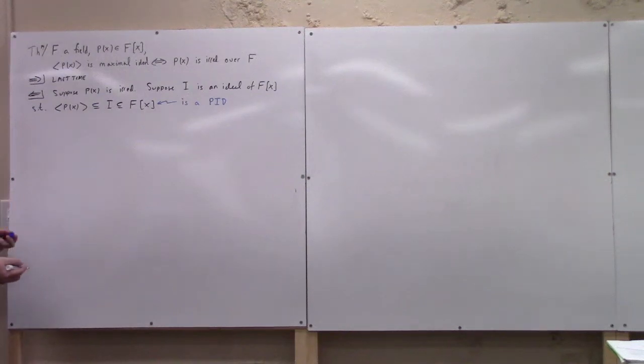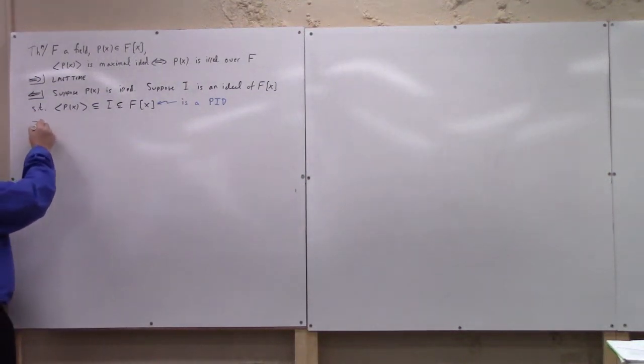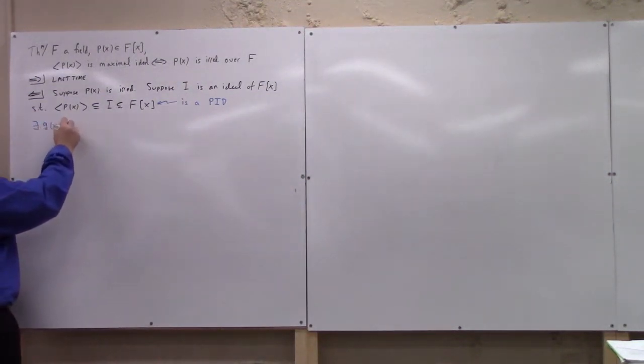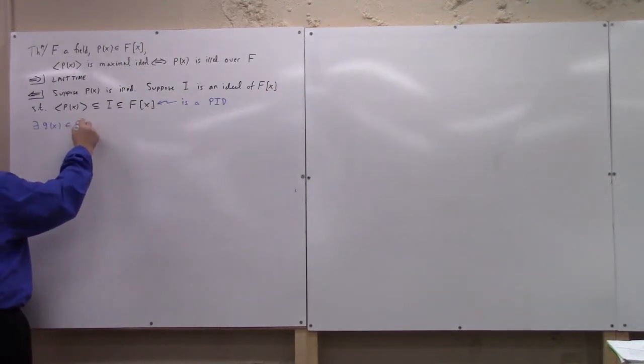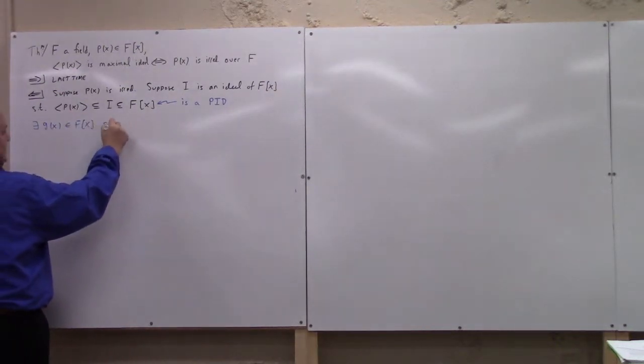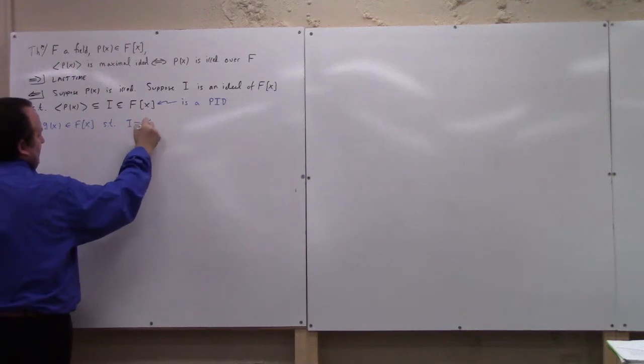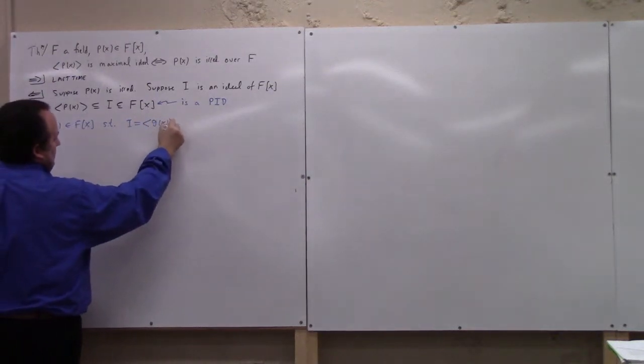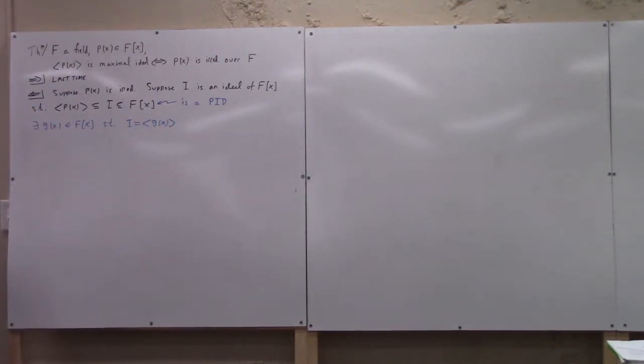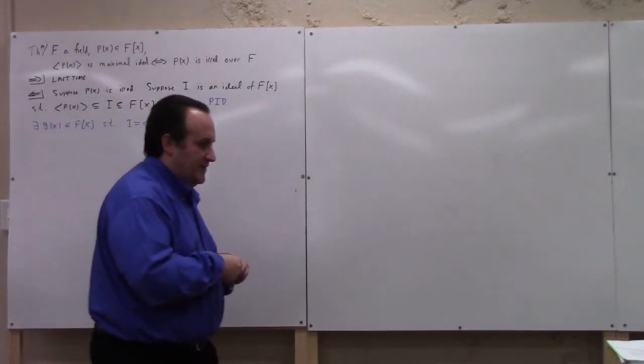So since it's a PID, there exists a polynomial g of x such that I is generated by g of x, because every ideal is principal. Every ideal can be generated by a particular element, right?